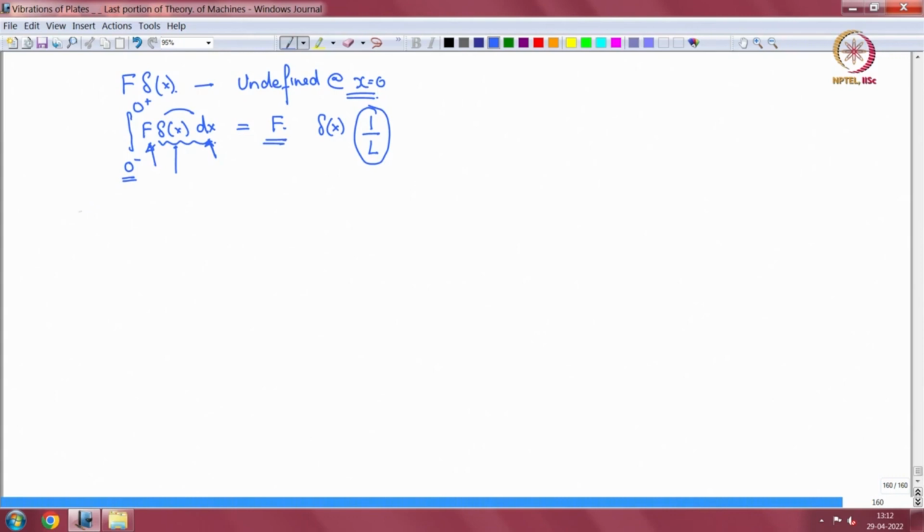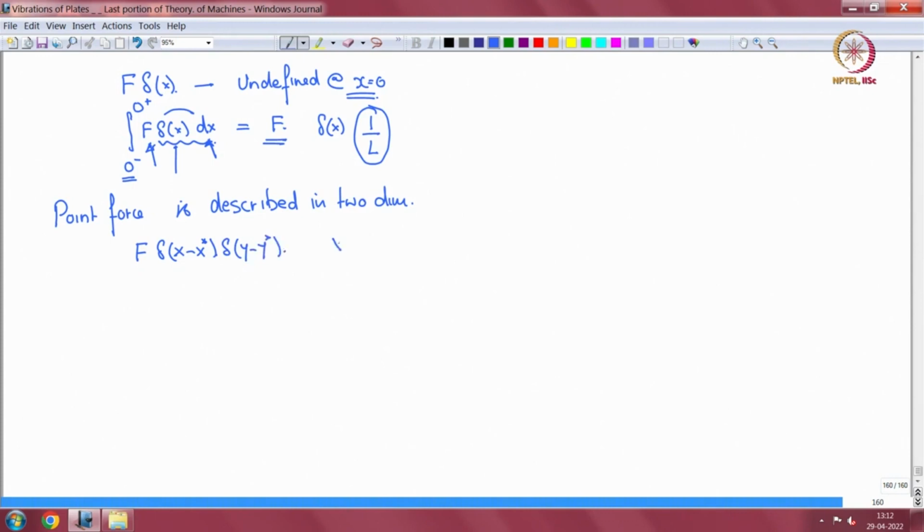So, a point force is described in two dimensions in this form: the force amplitude, delta x minus x star, delta y minus y star, wherever it is applied.